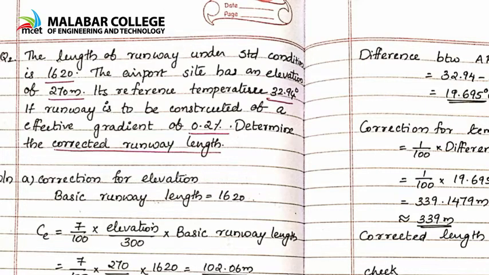The given data are: standard condition runway length 1620, airport elevation 270 meter, reference temperature 32.94 degrees Celsius, and effective gradient plus 0.2%. Then we find out the corrected runway length.